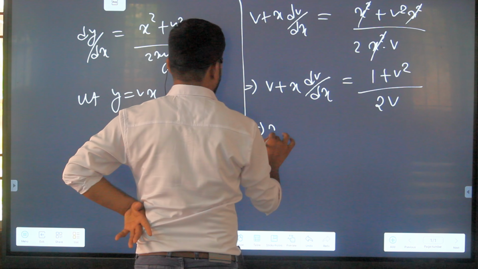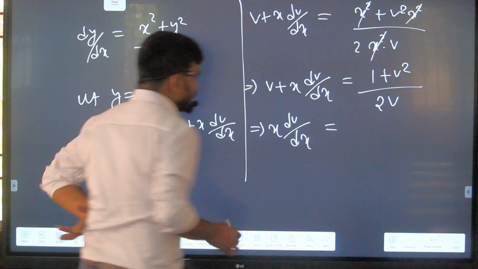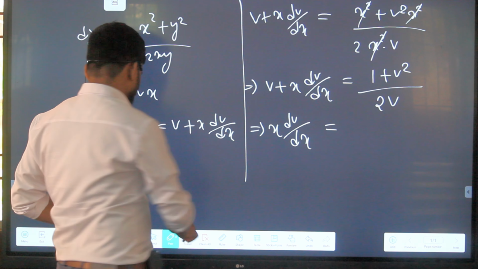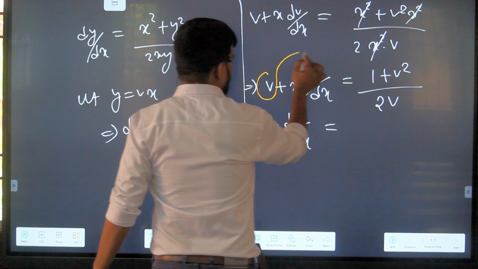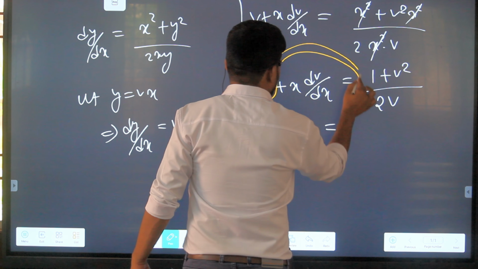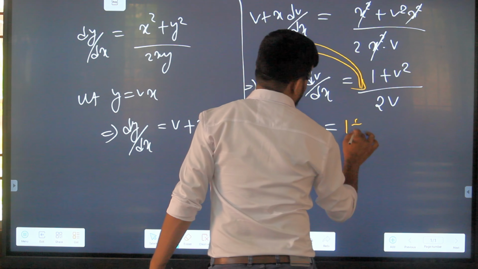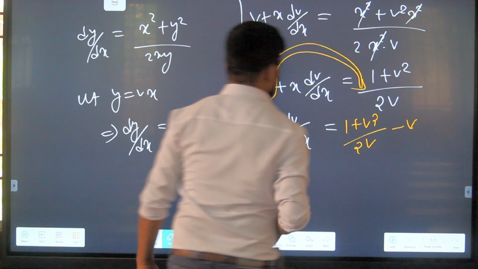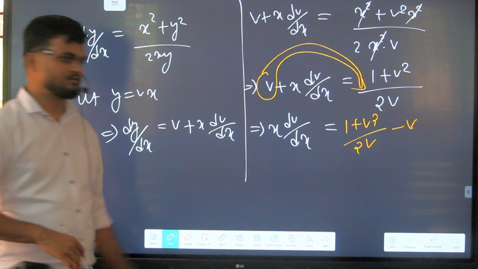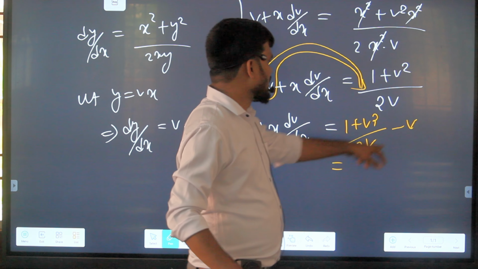This implies x dv by dx is equal to, this v from the left hand side, you can take it to the right hand side. So if I do that, what I got is 1 plus v square by 2v minus v. Let me do the LCM. If I do the LCM, what I got is 1 plus v square minus 2v square.